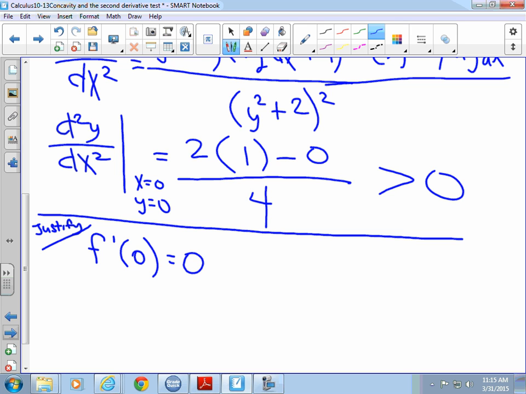For the second derivative test, I first have to know that I have a critical point, right?